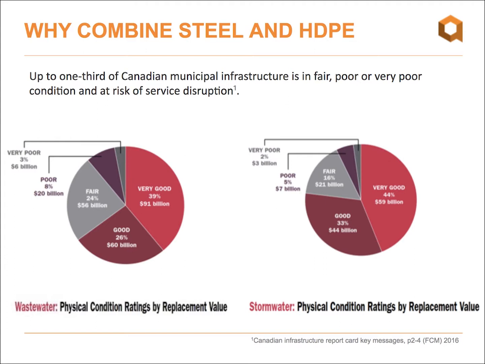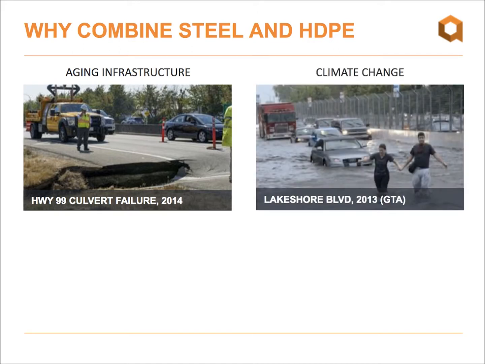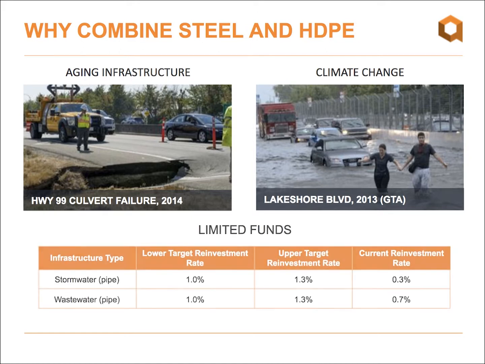So when you combine all this, we feel that we're facing some kind of a perfect storm. We've got aging infrastructures, we have climate change putting additional intense pressures on our older systems, and we have limited funds. And this table here, again, comes straight out from the Canadian Infrastructure Report Card. The Federation of Canadian Municipalities and their members have established that you need to reinvest at least 1% of the overall value of your infrastructure just to make sure that it remains as is.